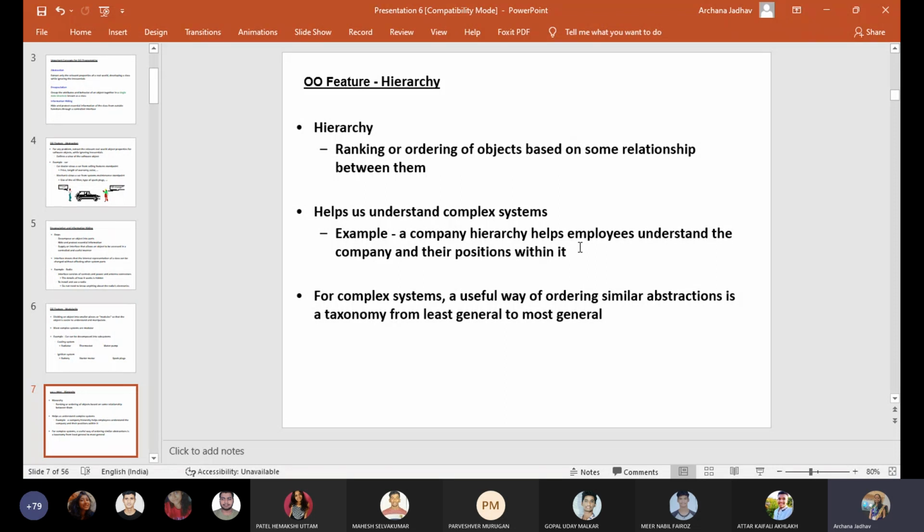What are the other higher positions you have? Joint director, managing director, all those positions. Below that, you may have managers. Then you have the associate programmers or associate engineers, then assistant engineers. Then you will have trainees or the normal employees of your organization.